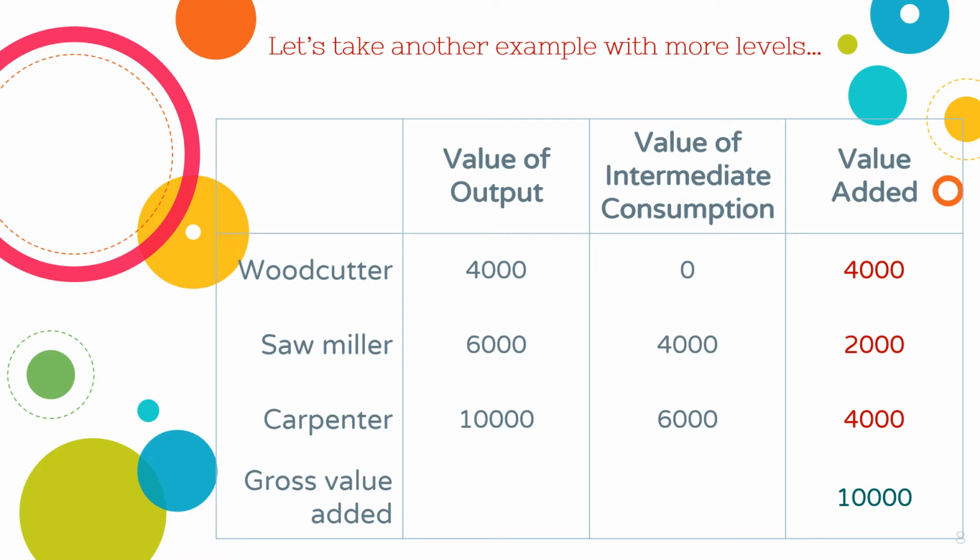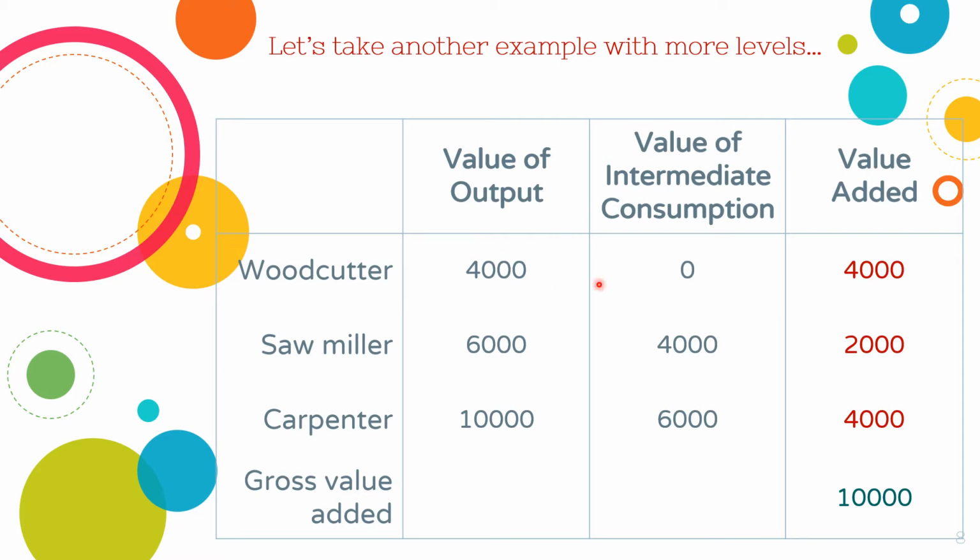Well, the value of output of the woodcutter is 4,000, and the value of output of the sawmiller is 6,000. So also the value of the final output of the carpenter is 10,000.